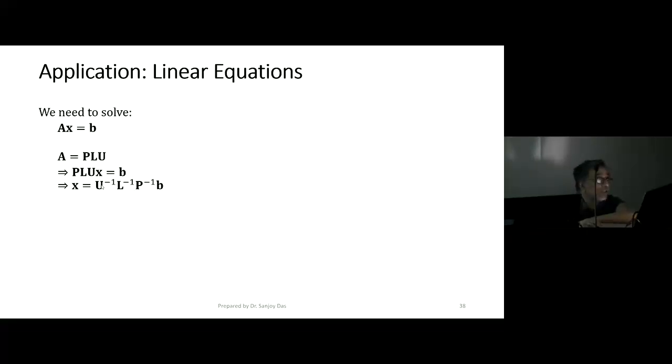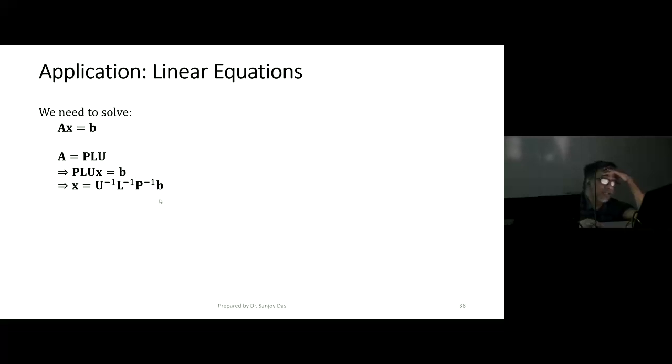Now, inverting all these matrices is straightforward. P inverse is basically P transpose. U inverse is back substitution, and L inverse is forward substitution. You learned back substitution and forward substitution in your undergraduate days.